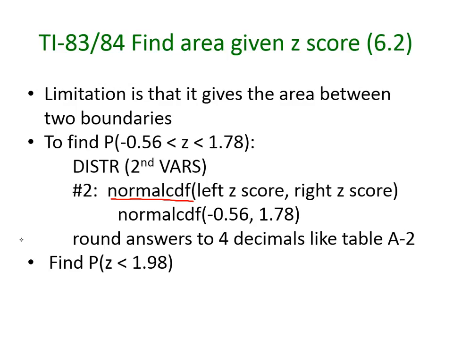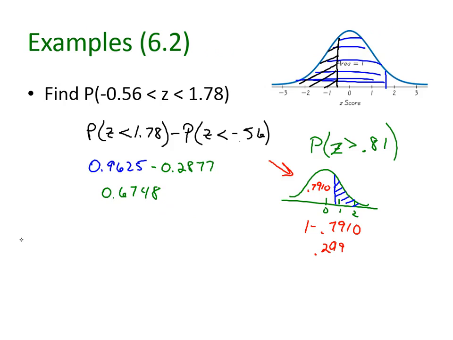So you're going to round that to your 4 decimals. So the 0.674, a little bit of rounding error, 0.6748. So it's going to be 0.6747.